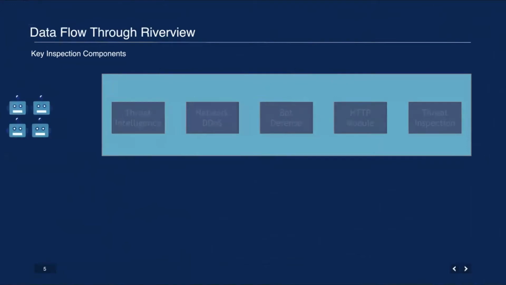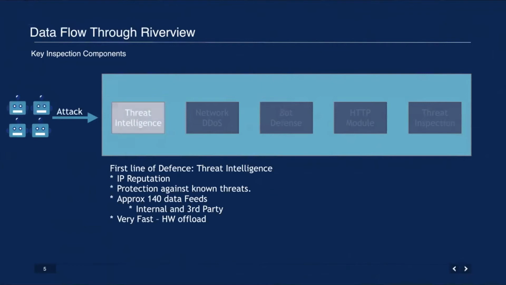But what happens is when Hugge fires up his bots and launches his attack, the first thing it encounters is the threat intelligence that we configured in the policy, right? And that's our first line of defense. Essentially, that provides us IP reputation to protect against known bad threats.